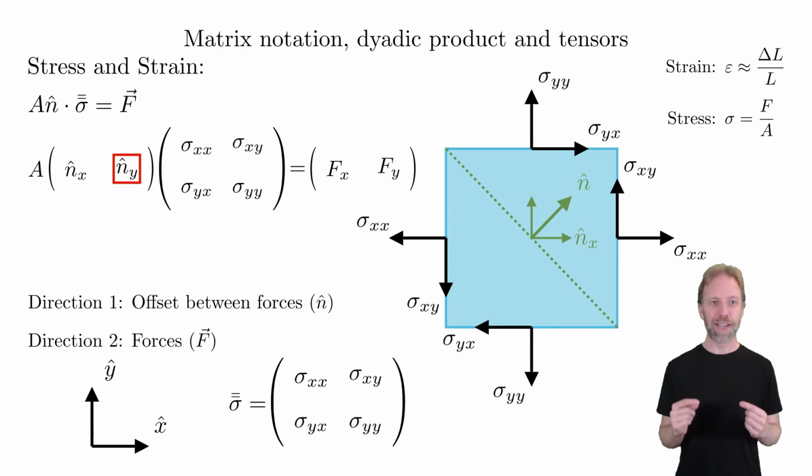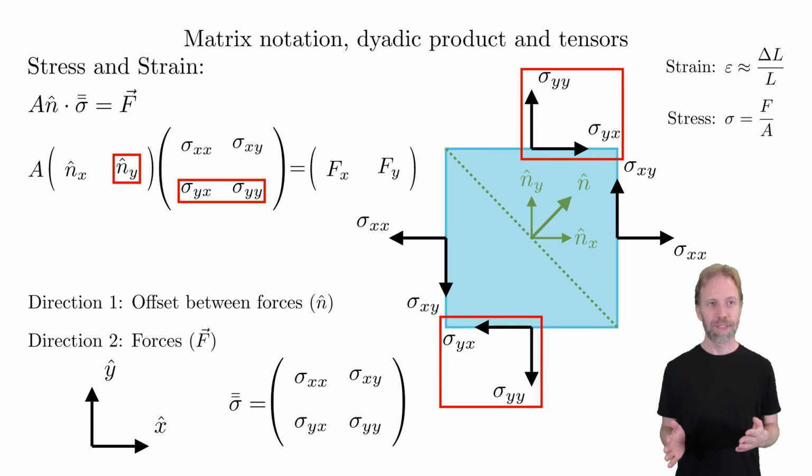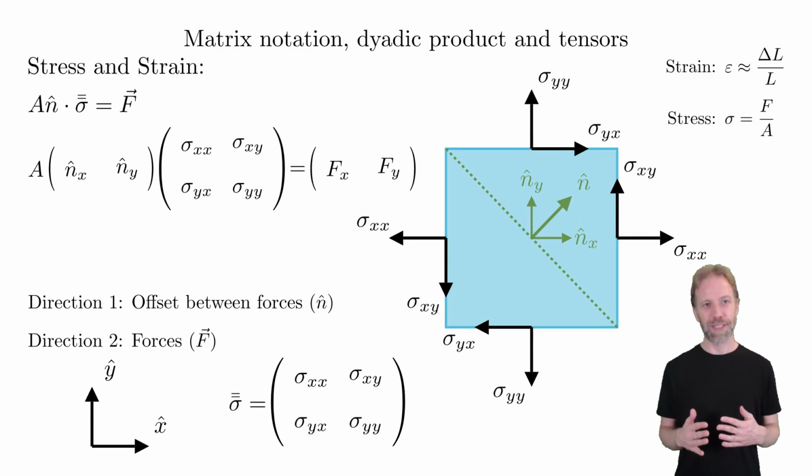Continue with the n hat y term, which gives the contribution from these. Both expressions add force in both x and y direction. Here we see that if we need to calculate the force and know the stress tensor, we can use our matrix algebra to handle the stress tensor calculations.